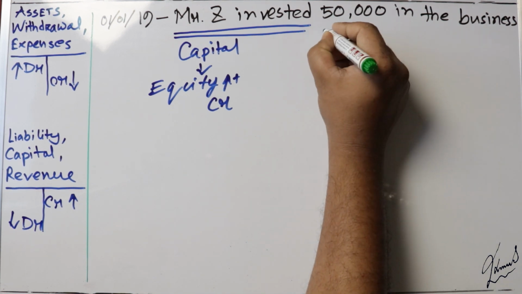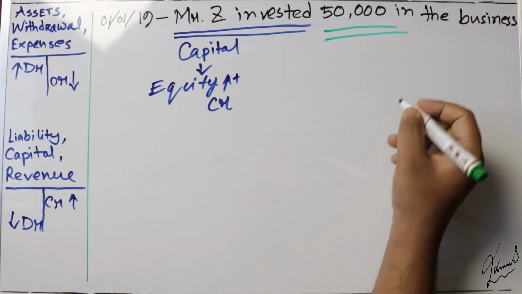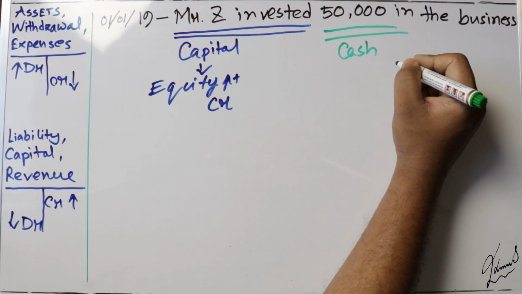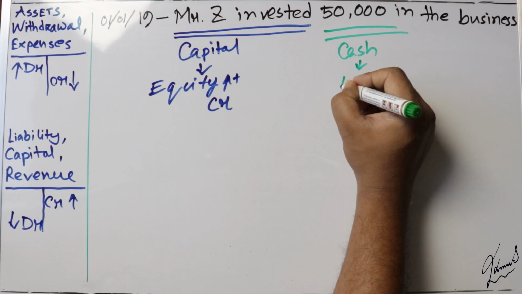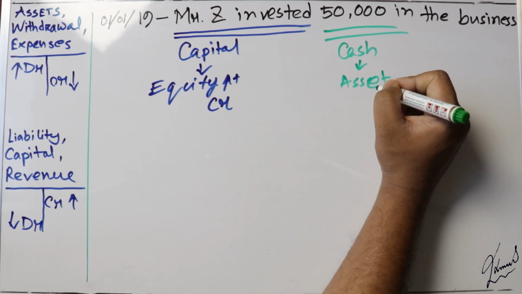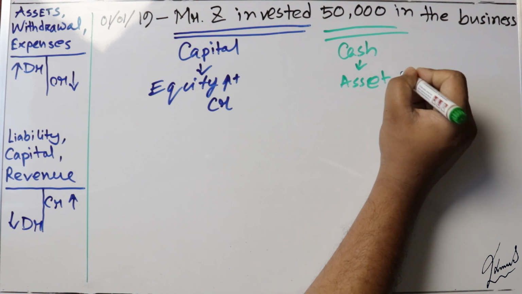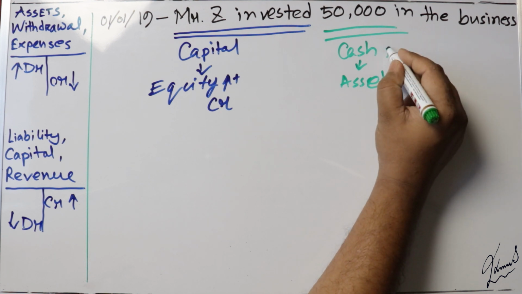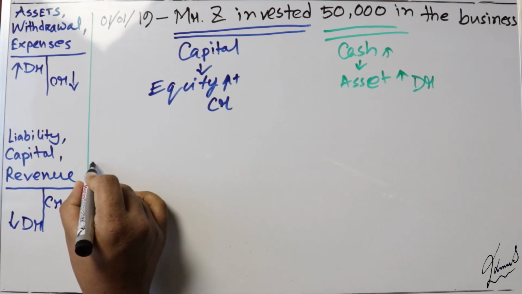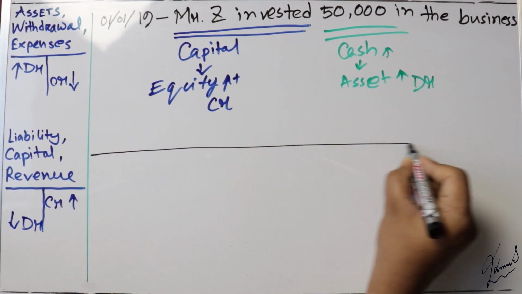At the same time, 50,000 worth of cash has come into the business, and cash is an asset, and as you know, an asset when increased is debit. So we have found both the debit and credit accounts that are required for a journal entry.